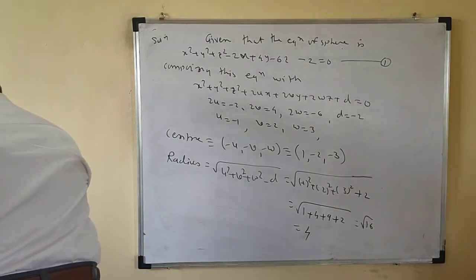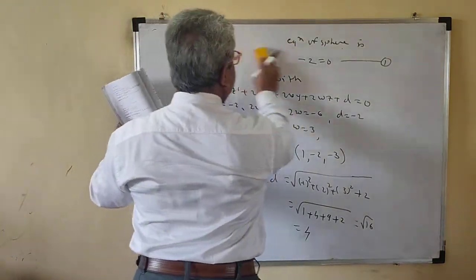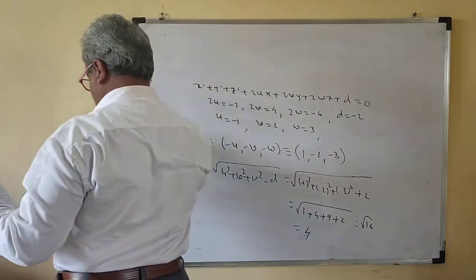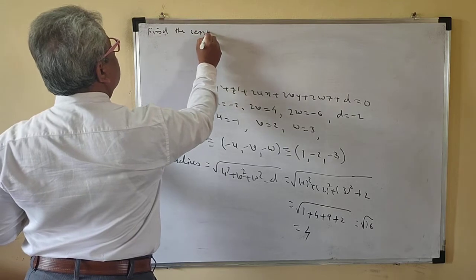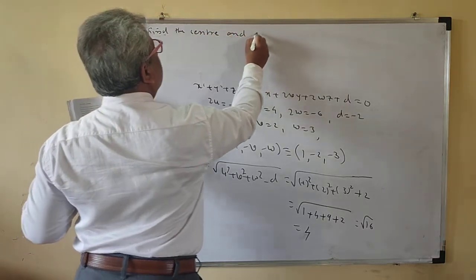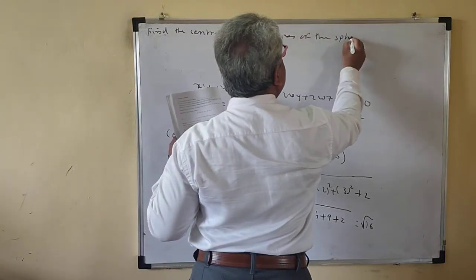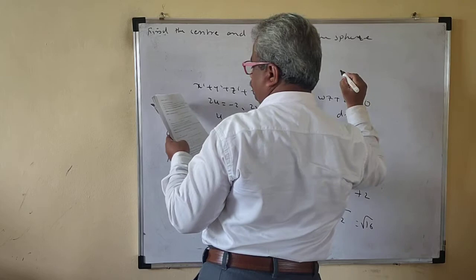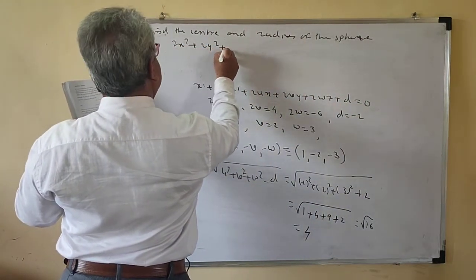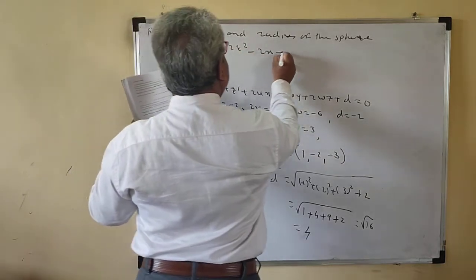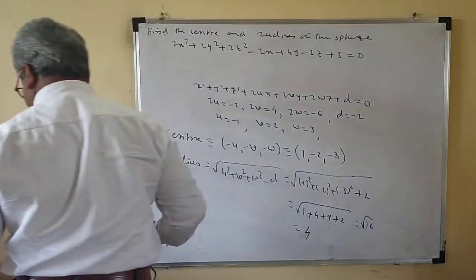We'll take the next problem. Find the center and radius of the sphere twice x square plus twice y square plus twice z square minus twice x plus 4y minus twice z plus 3 is equal to 0.